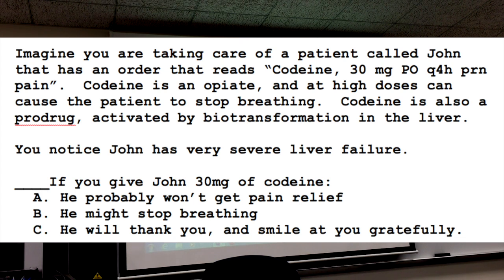All right. So codeine is another one of these opiates, like hydrocodone was, and at high doses can cause the patient to stop breathing. All right. So too high of a level of codeine, you stop breathing. Too low of a level of codeine, no pain relief. All right. So this patient, John, he has terrible liver failure, waiting for a liver transplant. All right. And so codeine, because it's a prodrug, it gets activated in the liver.